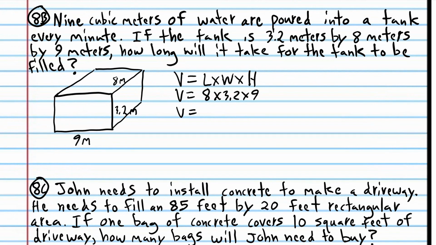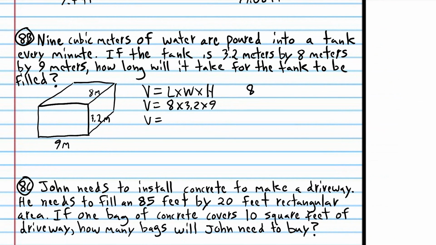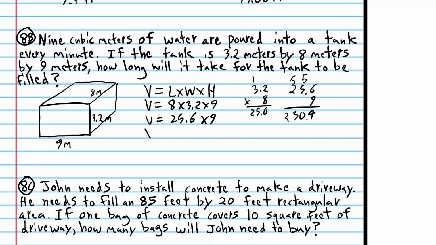PEMDAS tells us to move left to right, even though it doesn't really matter in this case because it's all multiplication. 25.6, then you take 25.6 and you multiply that by 9. And you get 230.4.